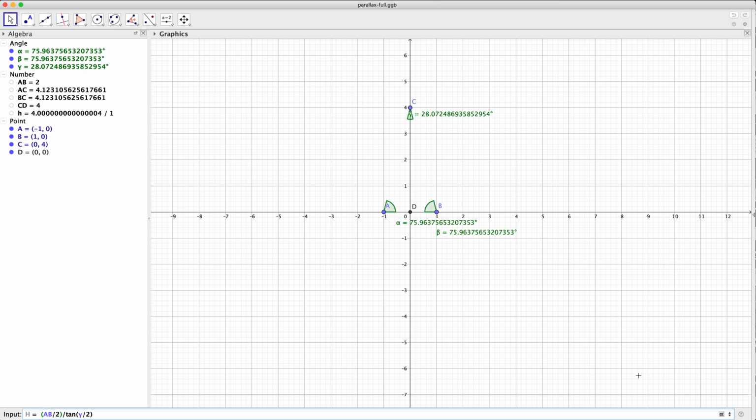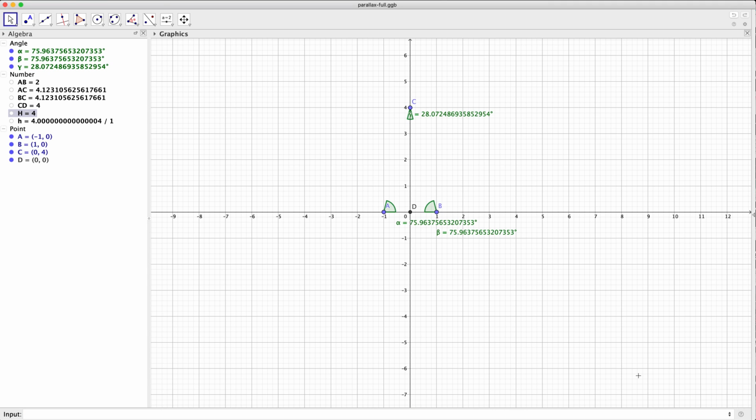So AB over 2 is AD, and the tangent of this angle gamma in half again would be the angle ACD. And if I'm right, there we go. Look, that's nice. Isn't that nice?